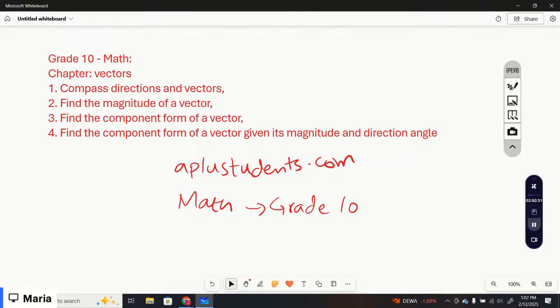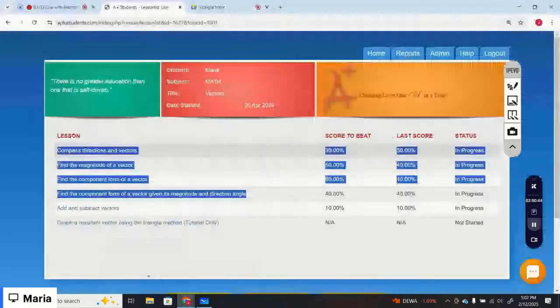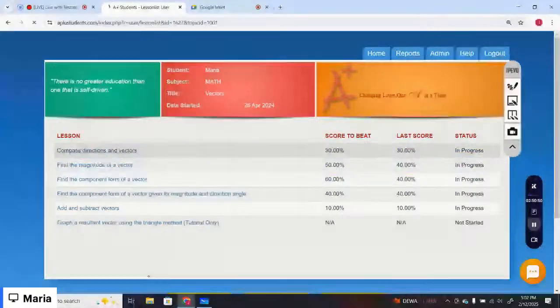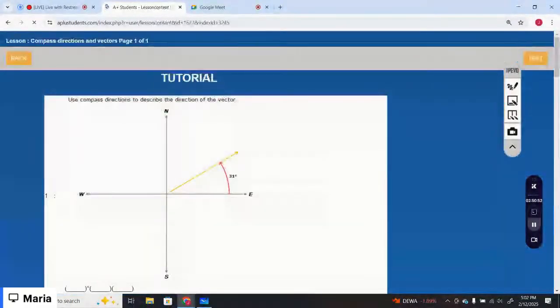So let's just start with the lesson. Here I'm on grade 10 math. Let's just start with the first lesson, that is compass directions and vectors.